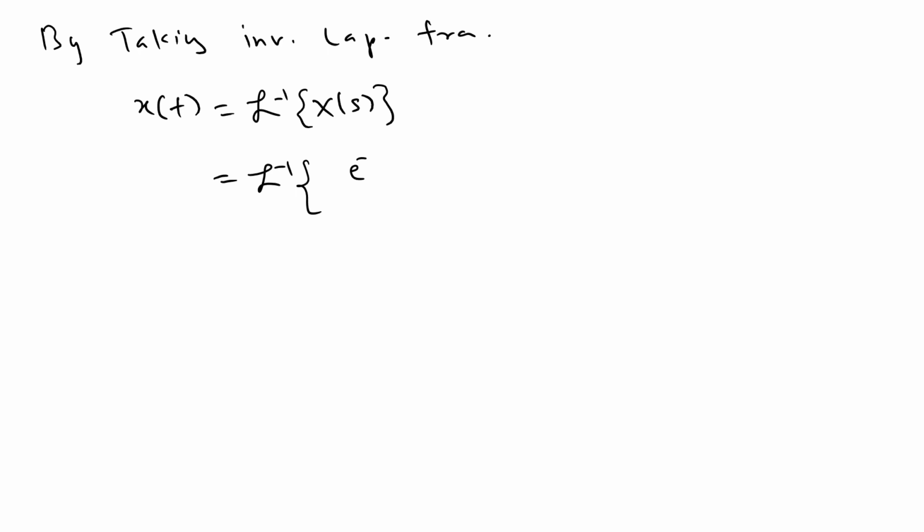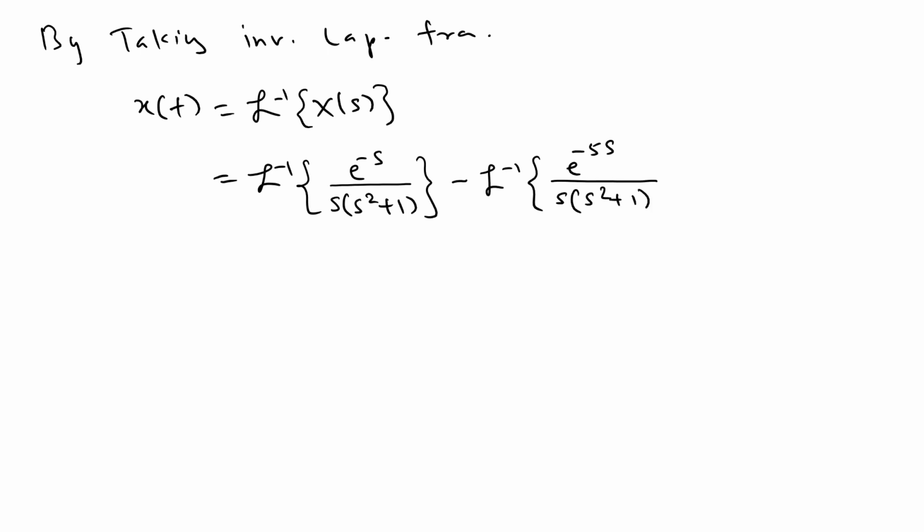So it is L inverse of e to the minus s over s squared plus 1, and then there's a minus sign there, and then L inverse of e to the minus 5s over s squared plus 1. But we already found those two, so you want to plug them in here.